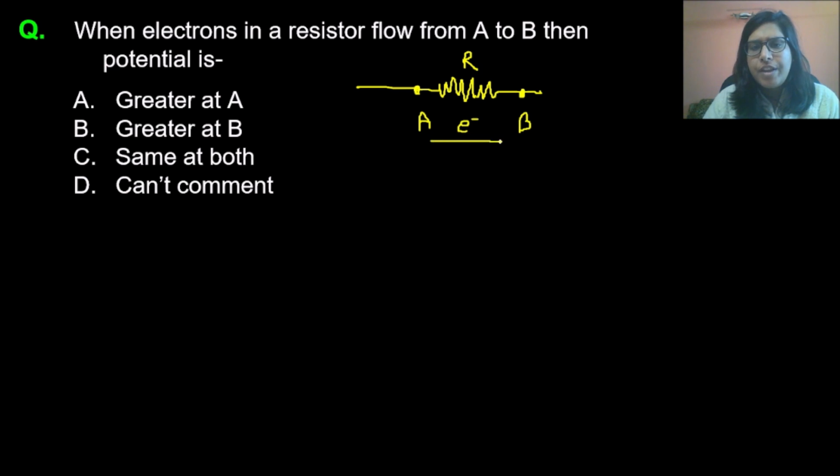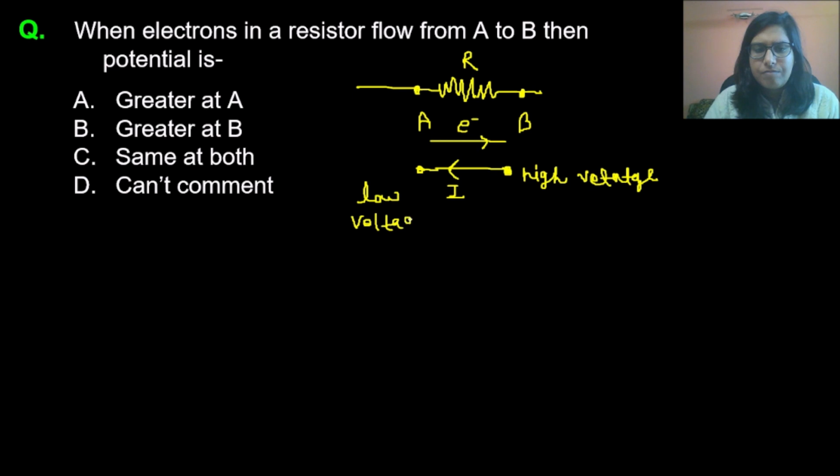If electrons are moving in this direction, then electric current will move in this direction, right? And electric current moves from high voltage to low voltage. That means this end will be high voltage and this end will be at low voltage. That means it is given greater at B, that is correct.